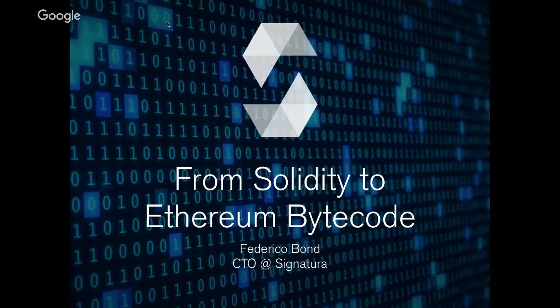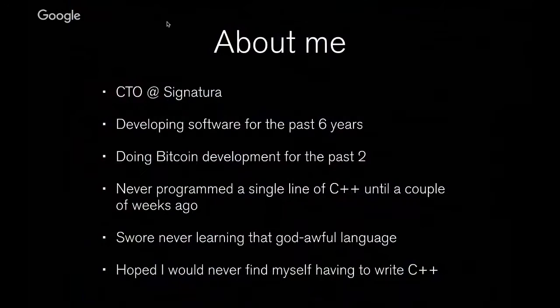So as Damian said, I'm the CTO at Signatura. We do digital signatures. I have been developing software for the past 6 years and doing Bitcoin development for the past 2. And I never programmed a single line of C++ until a couple of weeks ago. In fact, I very much dislike that language, and I hope that I would never have to learn it.